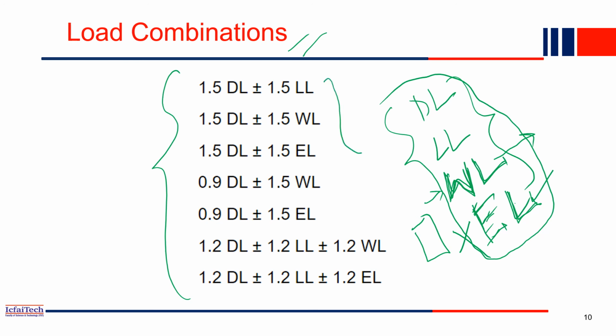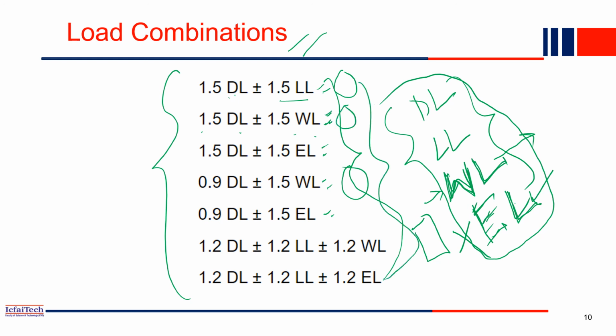These are the different load combinations you will consider, and you will find the final value in every case. So 1.5 dead load plus 1.5 live load, whatever value comes. 1.5 dead load plus 1.5 wind load, whatever value comes. Like that you compute all the values, and whichever is the highest load you get, you take that for the structural analysis of that particular building. So that's how it goes.